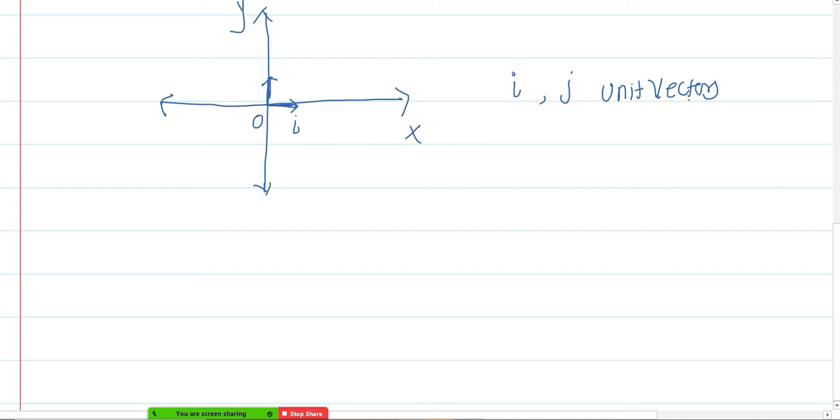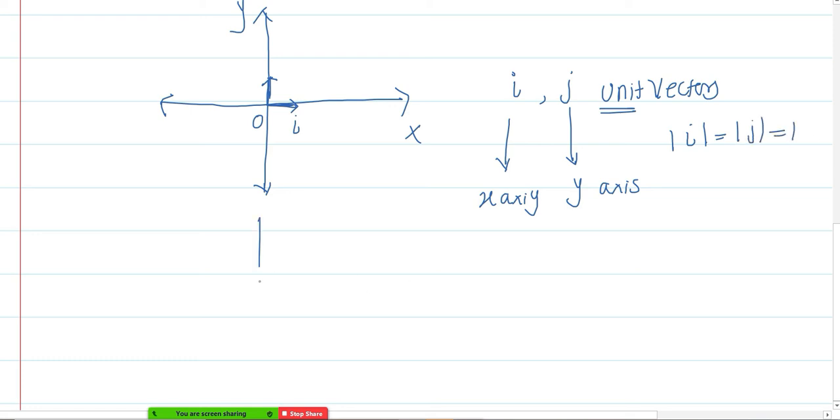Unit vectors means it's a vector that shows the direction. i shows the x-axis direction and j shows the y-axis direction. And since it's a unit vector, the magnitude of i and the magnitude of j should be equal to 1.